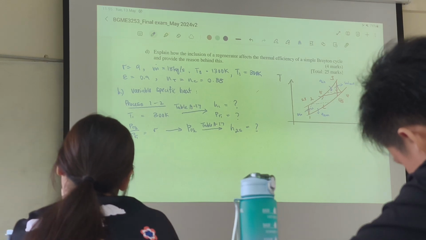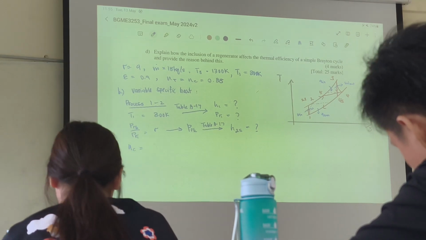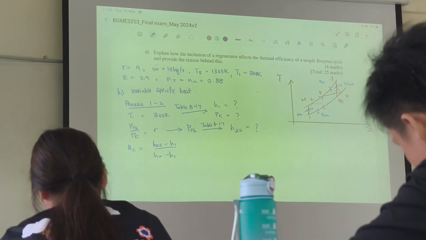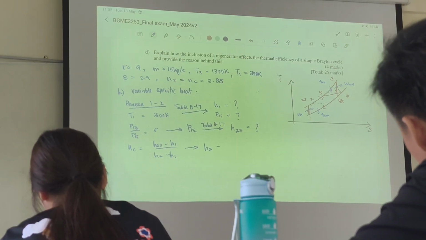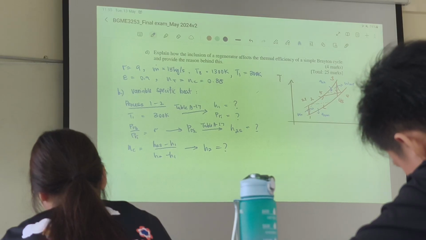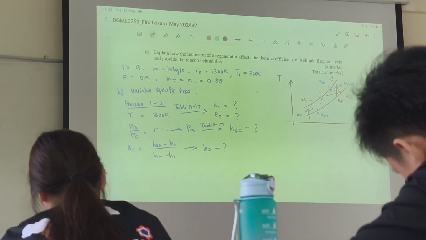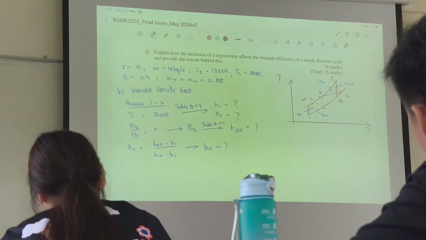After that, we know that the compressor efficiency is H2S minus H1 over H2 minus H1. From here, you can get H2. You don't really need to find T2, just H2 will be fine.